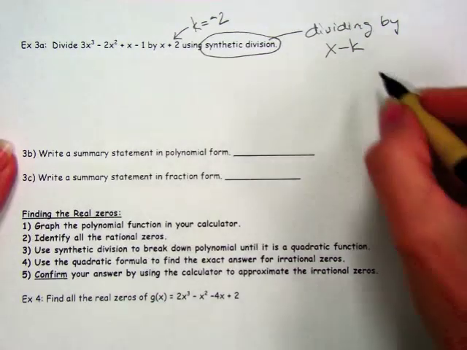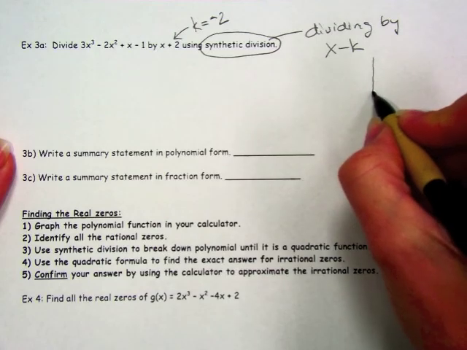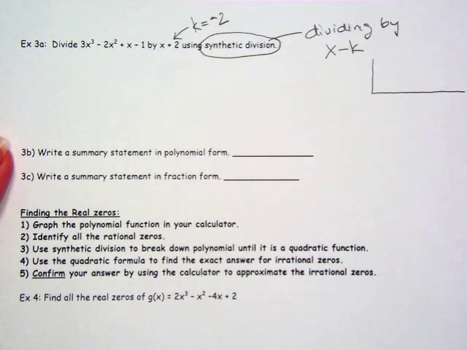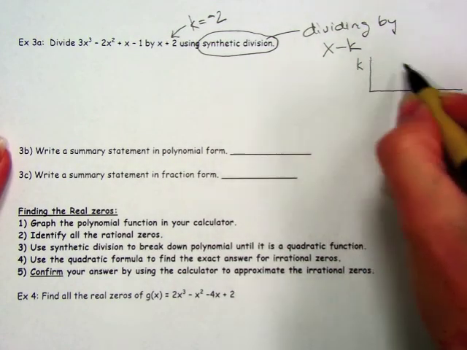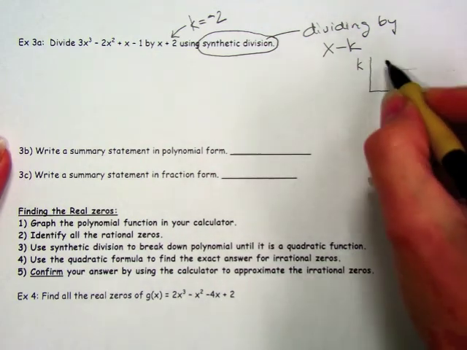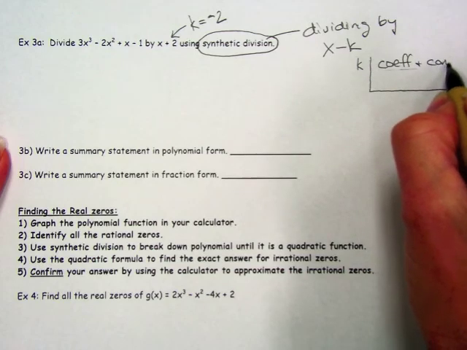The way we set it up is we draw kind of a long L. It's our chart. To set it up, we put the k on the left side. There's room for 2 lines of writing. In the top row, we write out all our coefficients and our constant.